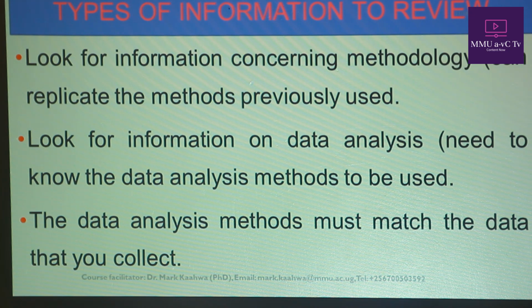So as you review literature, you must take keen interest to look at what other scholars have done, what methods did they use, how did those methods work for them, and what are other considerations you can take in order maybe to replicate those methods.